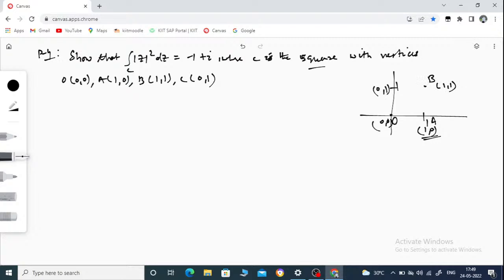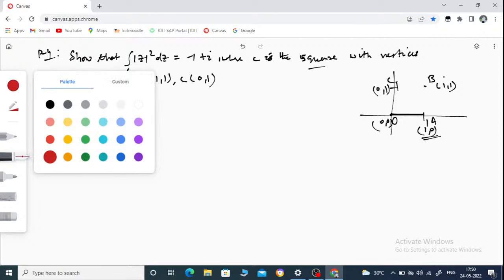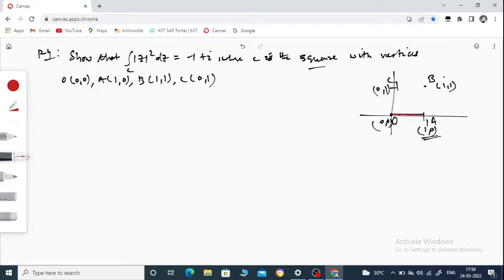This is point C. Let this one, in another color, be curve C1 which joins the line segment 0 0 to 1 0, that is OA.